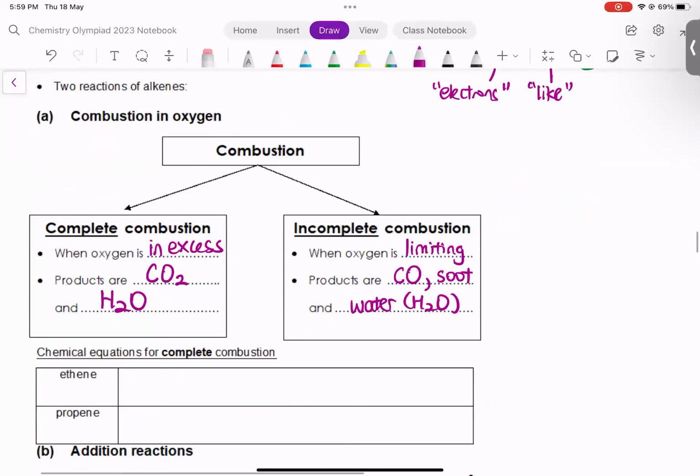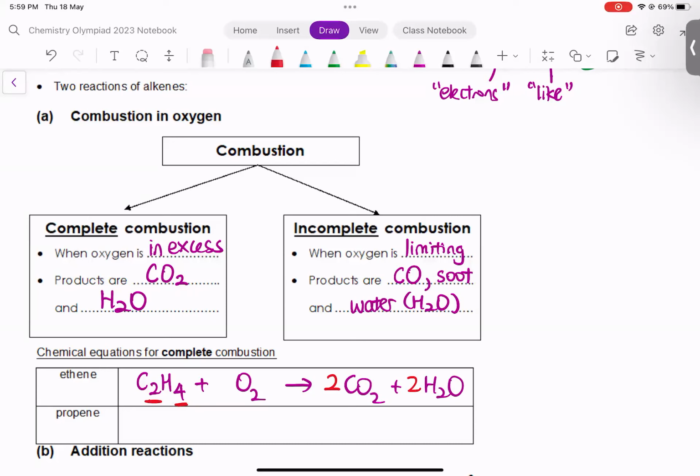So you must be comfortable with writing the equations for complete combustion. So we can quickly do it. Okay, so you must be able to balance this. How do you balance this? Carbon is balanced with CO2. So C2H4 must have two CO2, two carbons. Hydrogens are balanced with water. 4 hydrogens on the left, so 2 H2O on the right.